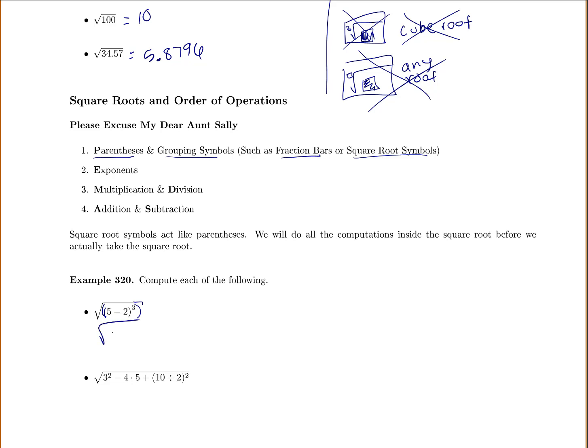So we'll have the square root of 3 cubed, or the square root of 27. So notice I've done everything inside the square root. Now I can take the square root. So 5.196. So a square root is like saying there's gigantic parentheses, so do everything inside of that first.